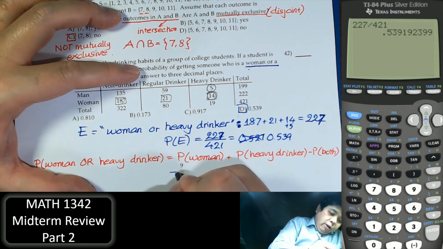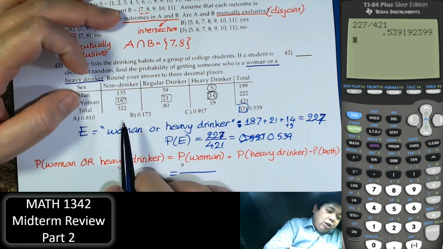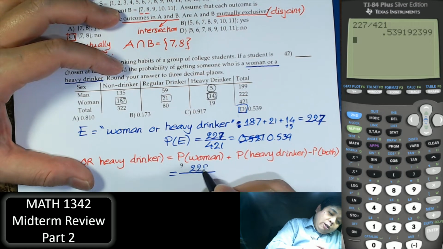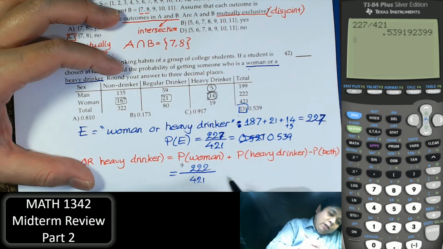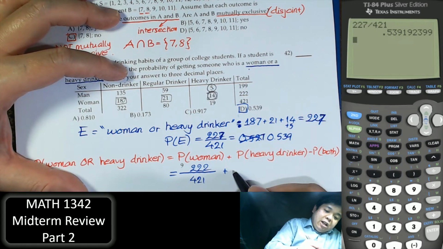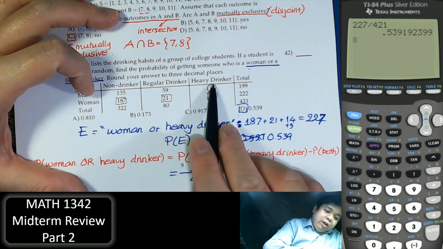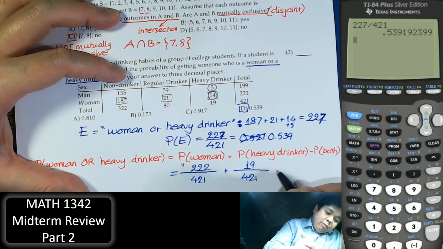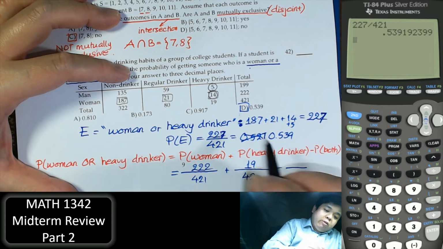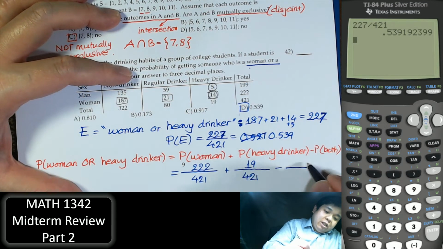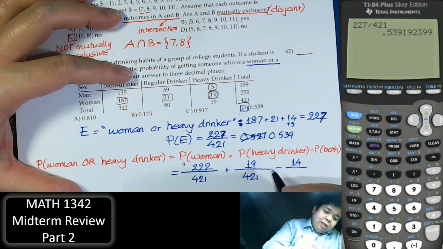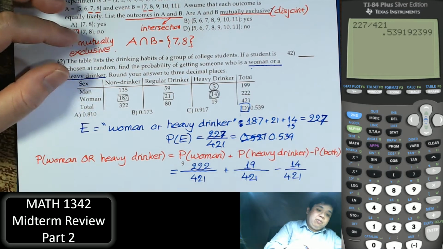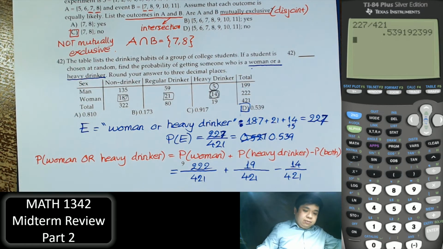So the probability of getting a woman here is 222 out of 421, and getting a heavy drinker here, there will be 19 out of 421, and minus both of them, the overlapping, is 14 over 421. Of course, combining these fractions, we should get the same thing, 227 over 421.